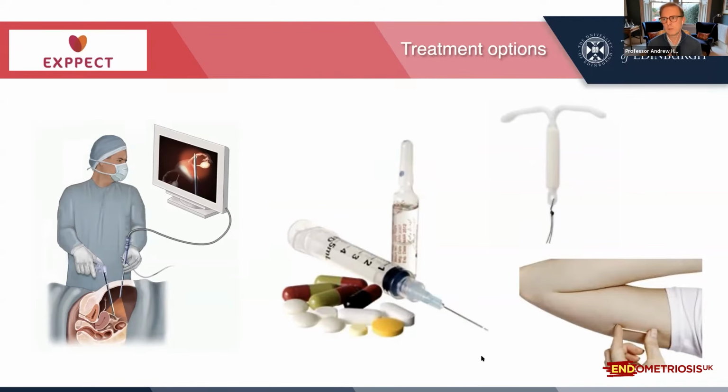And the way that we can do that is by delivering a number of different hormones, either by tablet, by injection, even by implant, as you can see here, and we'll hear a bit more about this in Lucy's presentation.